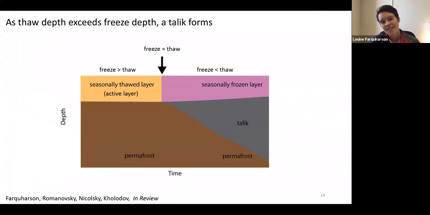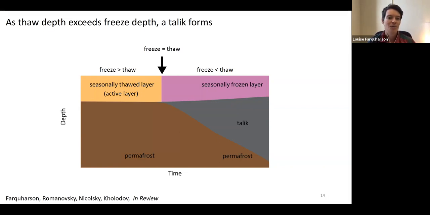So we can combine this concept of a relationship between freeze and thaw depth and healthy permafrost system and talik formation into a schematic. On the y-axis we have time and on the x-axis we have depth. On the left-hand side we have what we would consider a healthy permafrost system, where potential freeze exceeds potential thaw depth.